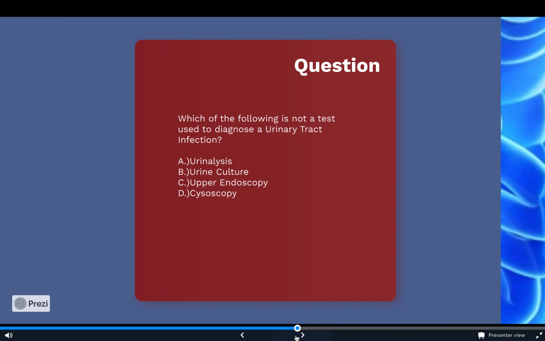D. Cystoscopy. This is used for patients with recurrent UTIs, and it looks at your urethra. And the correct answer, upper endoscopy. This is a procedure where doctors look at the inner lining of your upper digestive tract, from which they collect data.